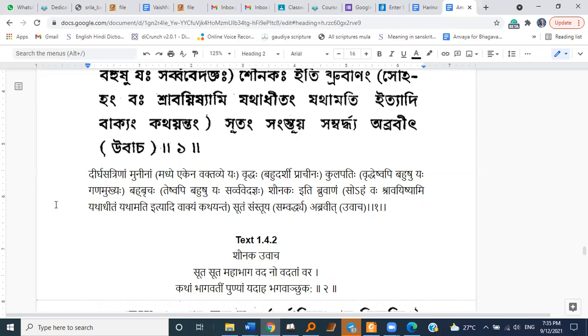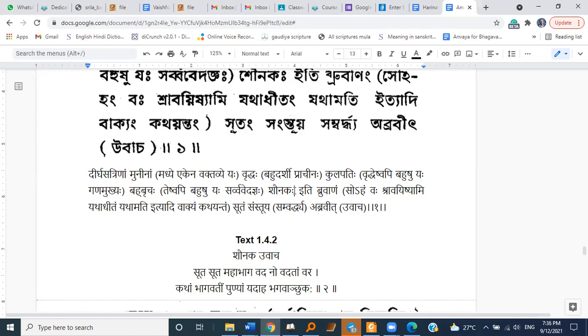So the last verse in the last chapter was spoken by Suta Goswami. Here Shukdev Goswami is narrating that Shaunaka Rishi, who was like the chief of all the 88,000 rishis, they say, if I'm not wrong, 88, 90,000. 88,000 rishis.